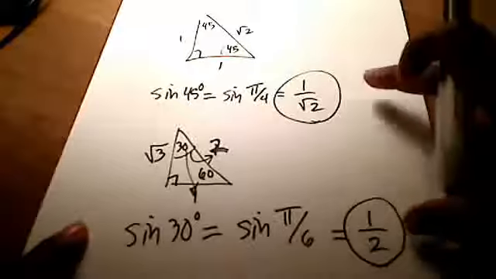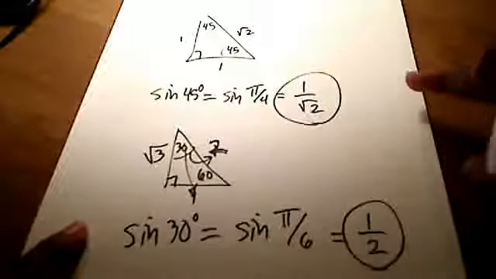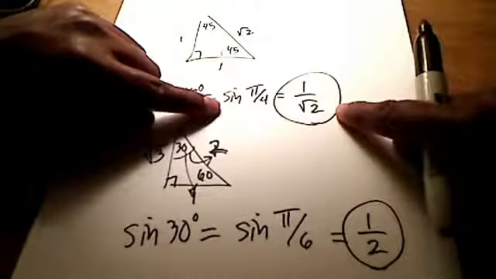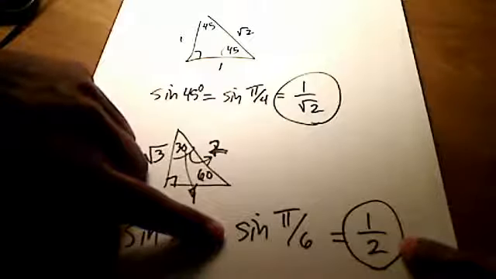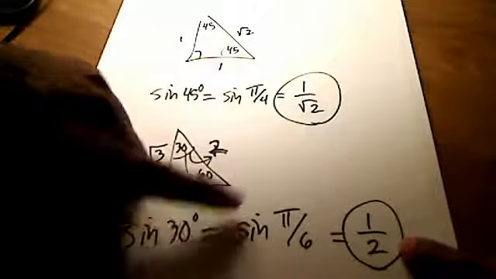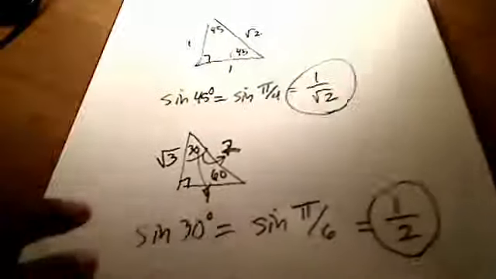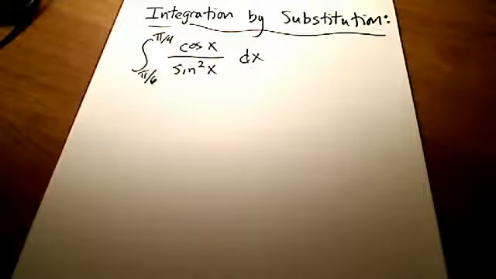Okay, so remember these two ratios: 1 over square root of 2 for sine of pi over 4, and 1/2 for the sine of 30 degrees, or pi over 6.